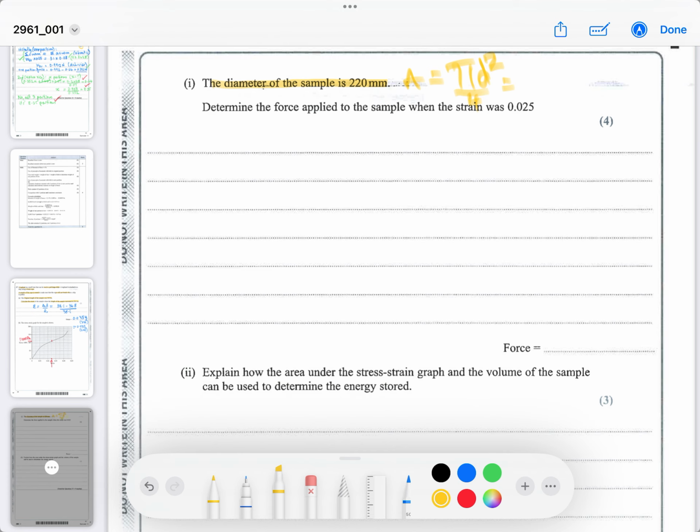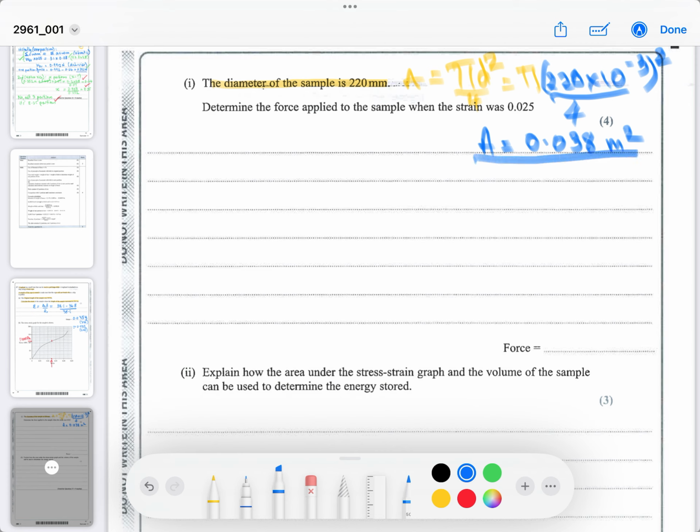So that would be pi times 220 times 10 to the minus 3, squared, divide that by 4, and you'll get the area to be equal to 0.0380. I've ignored the last significant figures. So once you've got the area, you'll get 1 mark.